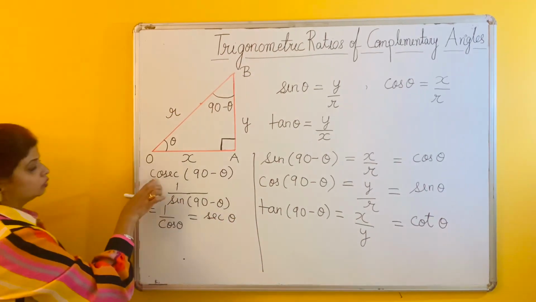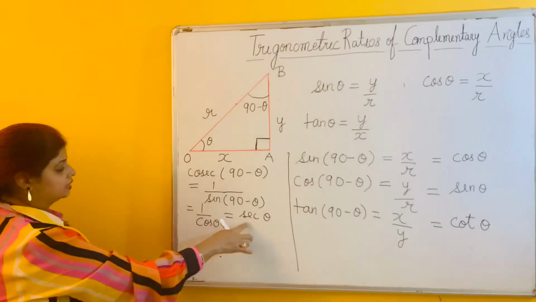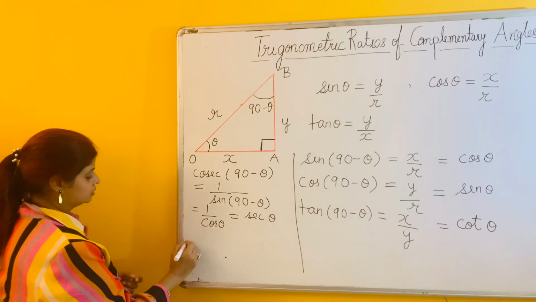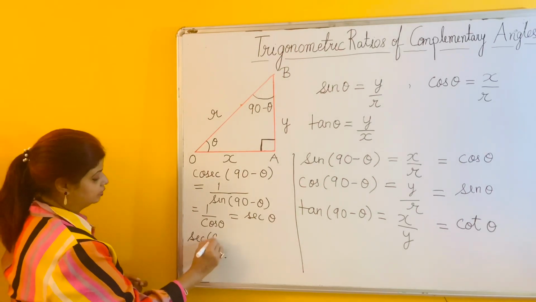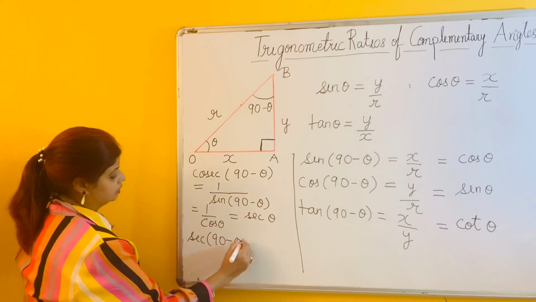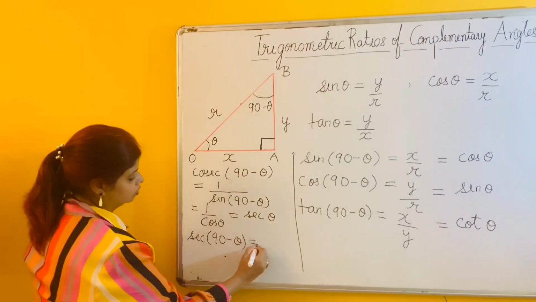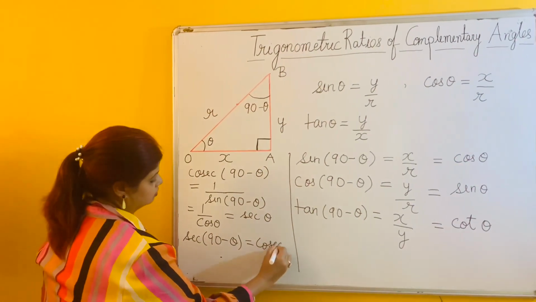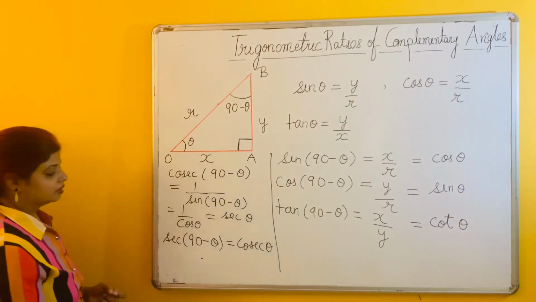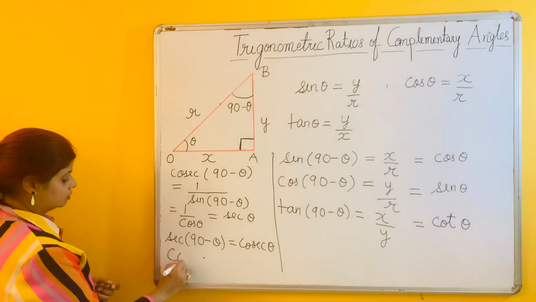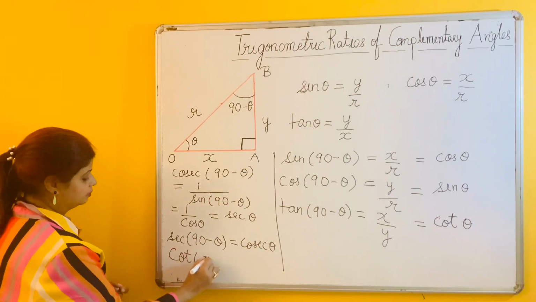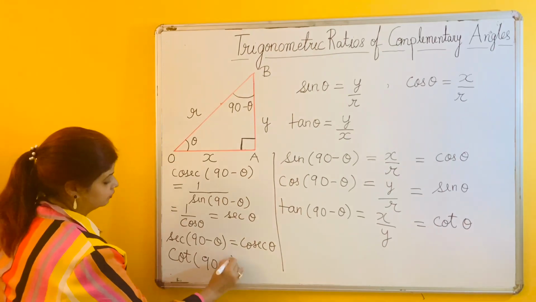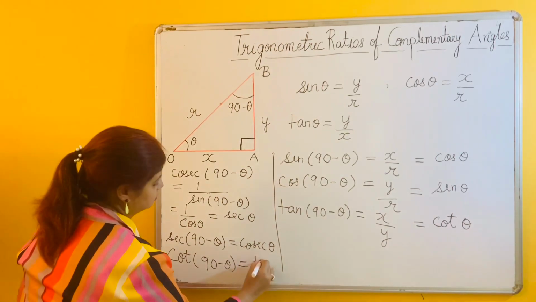So cosec 90 minus theta is sec theta. Similarly, sec 90 minus theta, using the same thing, is equal to cosec theta. And cot 90 minus theta is equal to tan theta.